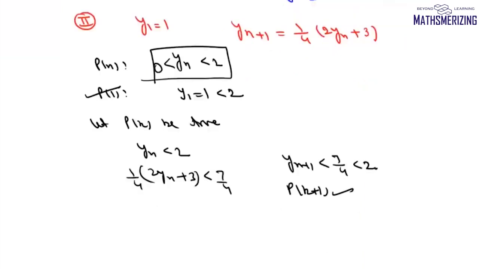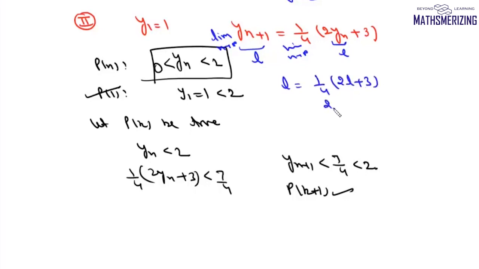Now we need to find the limit point of the sequence. For the limit point of the sequence, we'll take the limit as n tends to infinity. Now we know that the sequence is both monotonic and bounded. So this sequence must be a convergent sequence, and suppose it converges to some limit L. So the limit of yn plus 1 will be L, and the limit as n tends to infinity of yn will also be L. So we can write L equals 1 by 4 of 2L plus 3.